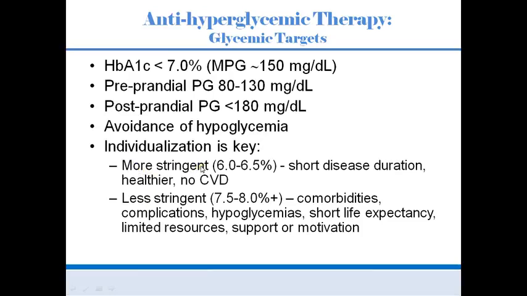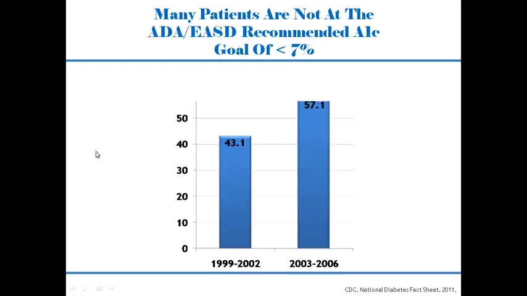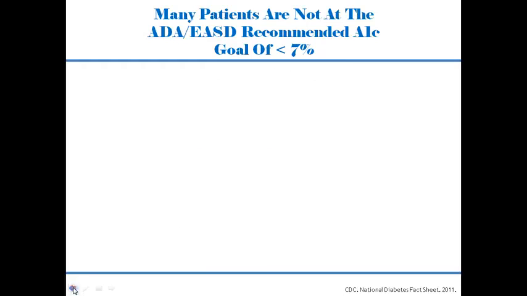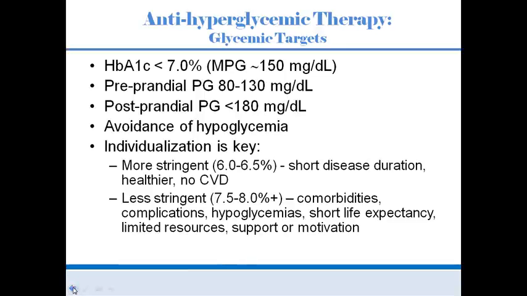You can go for more stringent control, 6 to 6.5, if the duration of the disease is short. If it is a younger patient who is very healthy, very motivated, has no complications, no cardiovascular disease yet, you can go for a stringent control of 6 to 6.5.